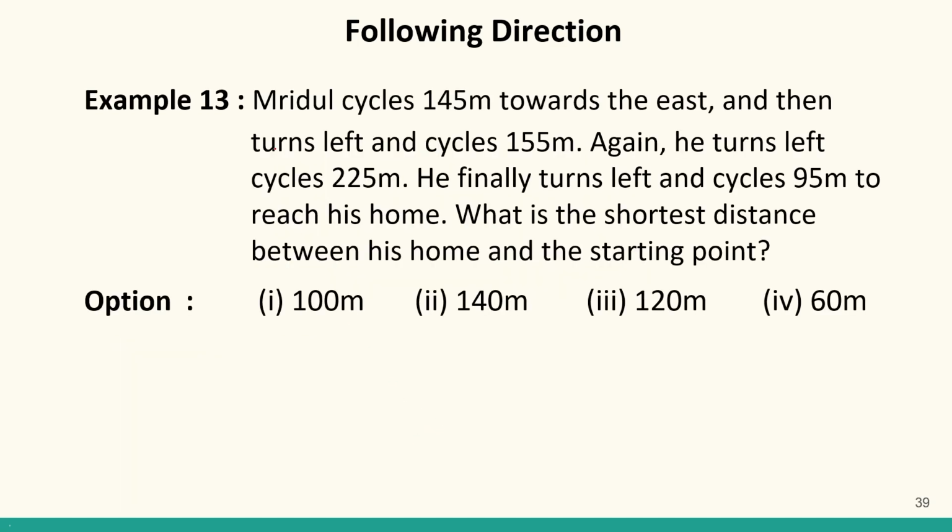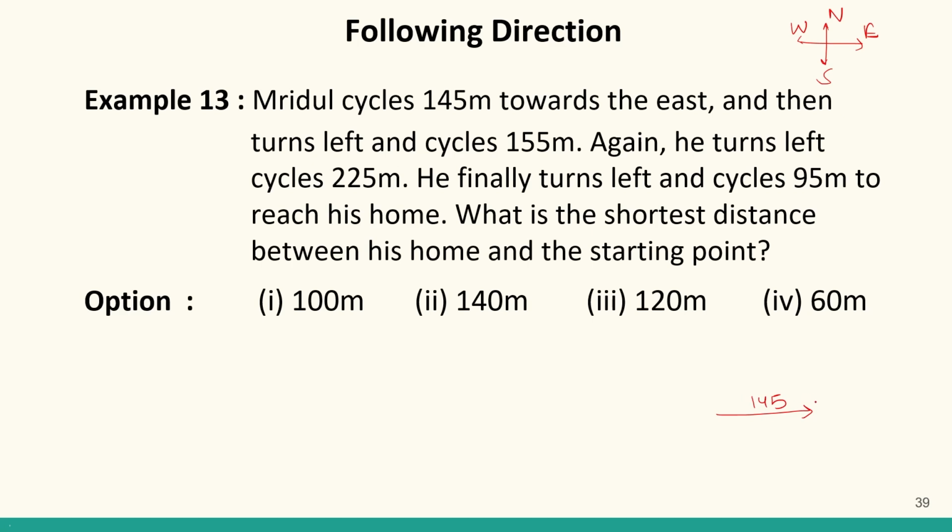Now, Mridul cycles 145 meter towards the east and then turns left and cycles 155 meter. So let me draw the diagram here. Mridul cycles 145 meter towards the east.